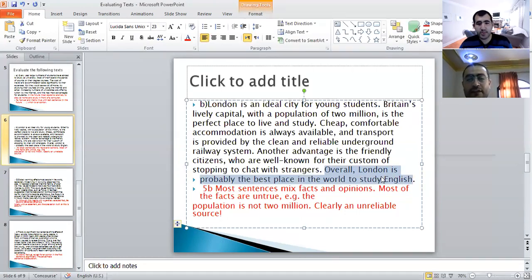Some people may disagree. No, London is not the best place in the world to study English. Some people may say America is the best place to study English. That's why the writer says probably. It's something you may agree or may not agree with, depending on things that are happening.